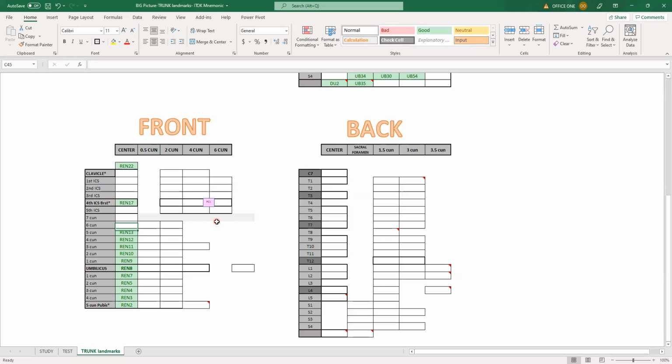Okay, so REN 13, REN 14, REN 15. So we're just counting upwards. REN 18, REN 19, REN 20, and REN 21 at the level of the clavicle, so underneath the clavicle.